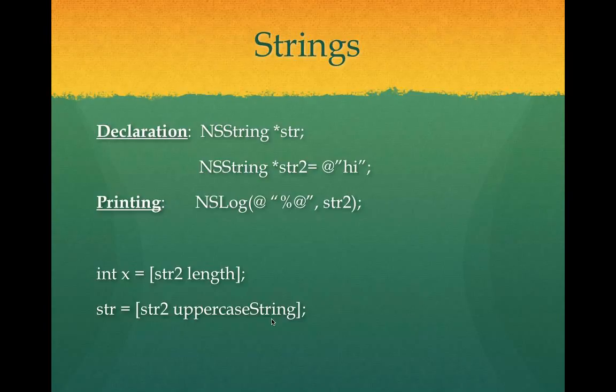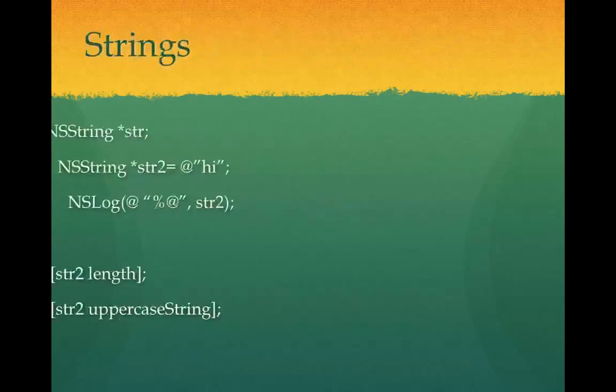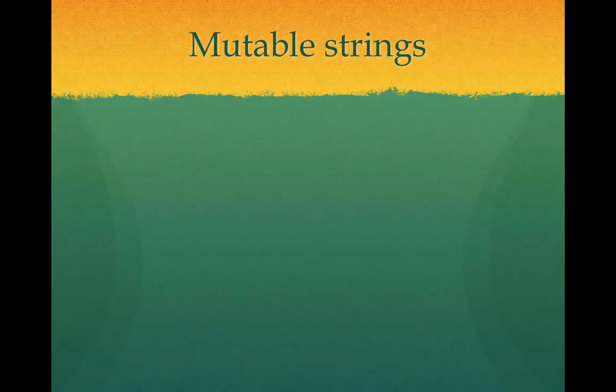Okay, so I'm moving to mutable strings now, and mutable means subject to change, if you look it up in your dictionaries. So if I want to create a string and I want to modify the content of it, I use a mutable string instead of a normal string.